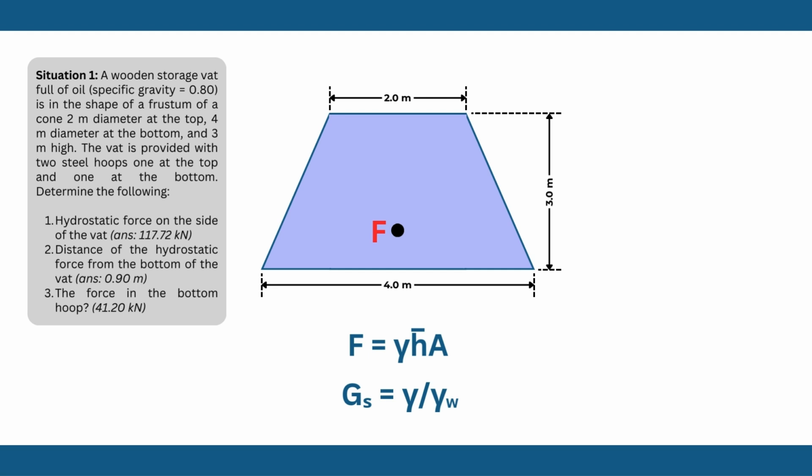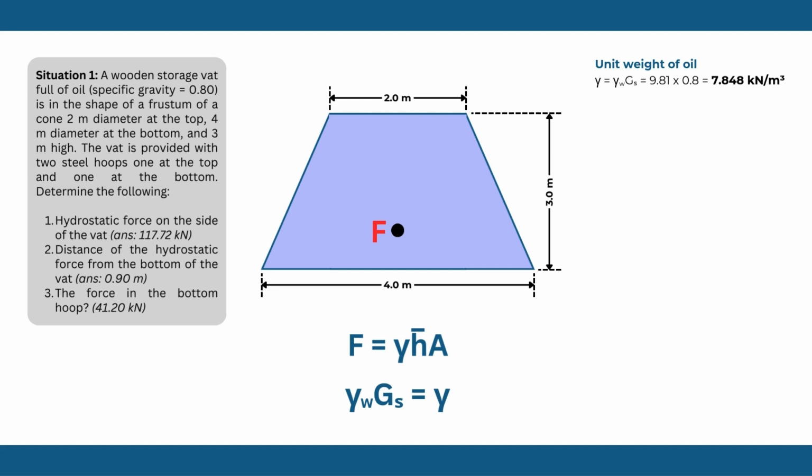Using this, we can transform the equation to determine the value of our unit weight just by multiplying both sides with the unit weight of water, which, as we all have encountered before, has a value of 9.81 kilonewtons per cubic meter. Plugging these values into our equation to solve for the unit weight, we will get an answer of 7.848 kilonewtons per cubic meter.